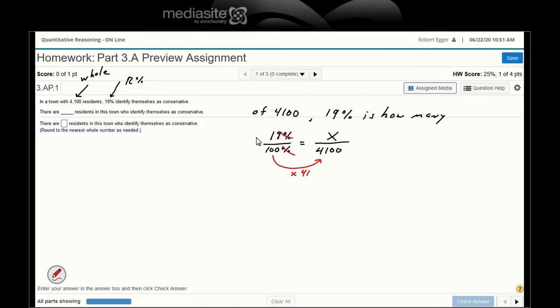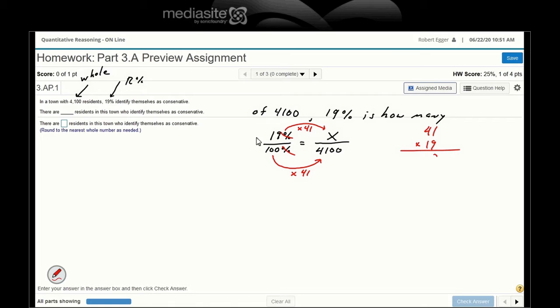And to keep things proportionally correct, we should do the same over here. So if I multiply 100 by 41, I should multiply 19 by 41. So let's see, what is 41 times 19?